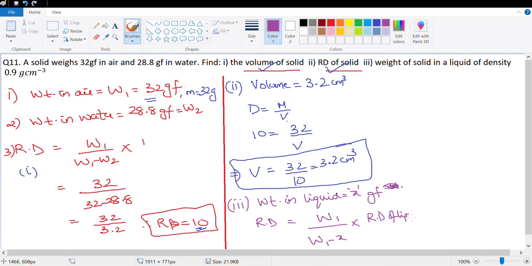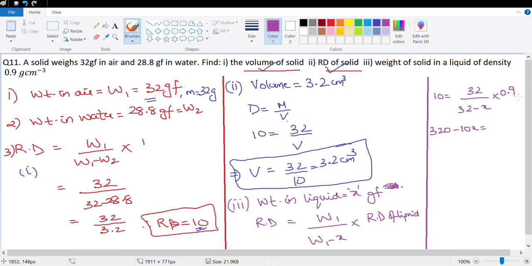The same formula that we've been using. Let's substitute values and see what we get. The relative density we already know is 10, equal to W1, which is 32 upon 32 minus X multiplied with 0.9. Correct? That's correct. 32 upon 32 minus X is 0.9. Let's cross multiply. 320 minus 10X is equal to 32 into 9.